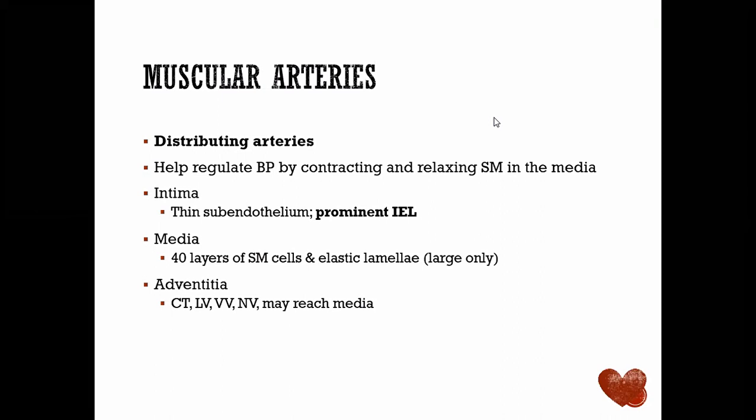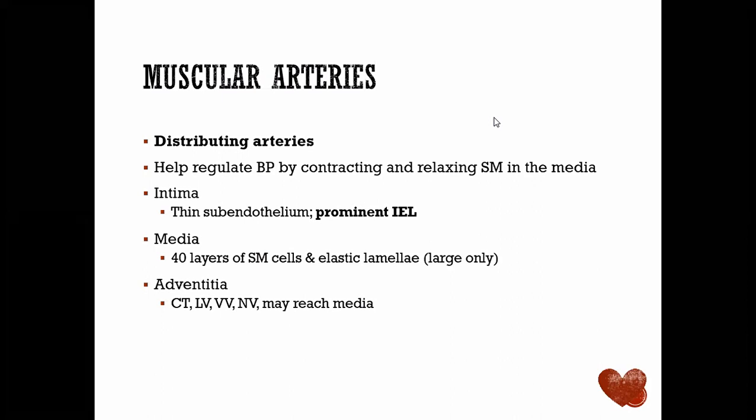Since this is an artery, you have a prominent internal elastic lamina, or internal elastic membrane. In your media, you have more or less 40 layers of smooth muscle cells and elastic lamellae. These are for large muscular arteries, of course.